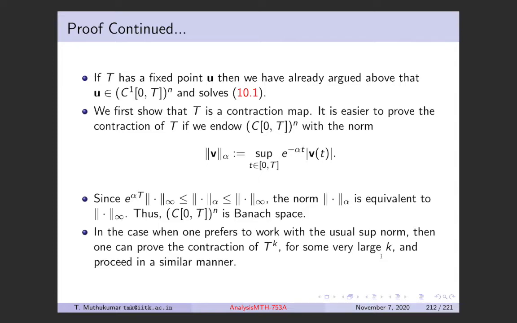It may fail to be a contraction for T, but you can find some large K for which T to the power K will be a contraction, and then we can use the fixed point results. So just to avoid that kind of complication, we have considered an equivalent norm on the space of continuous functions.